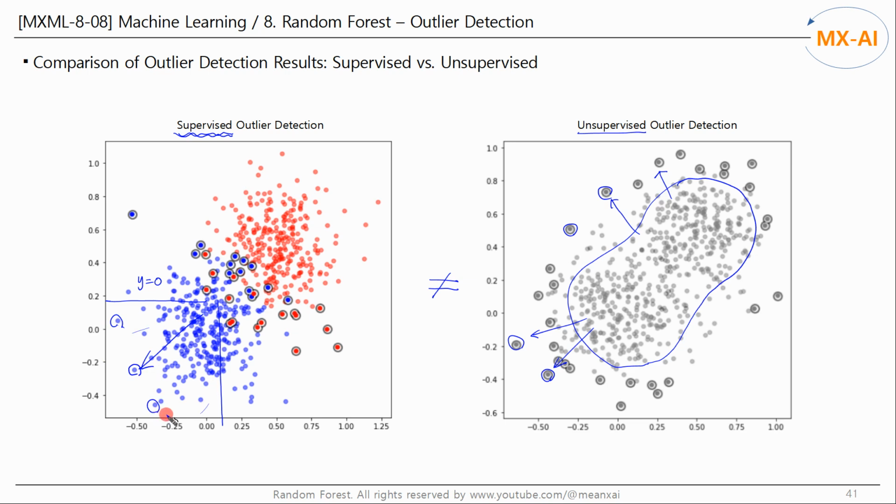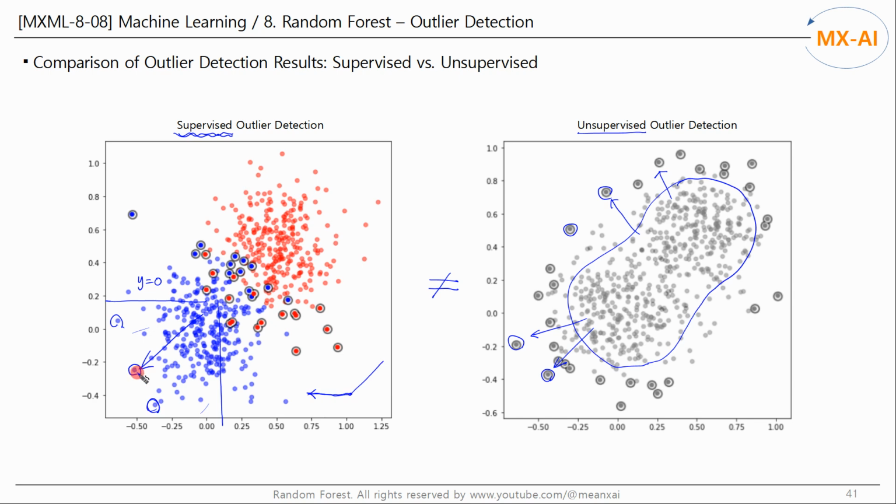Interestingly, this behavior is closely related to the philosophy behind the hinge loss. The hinge loss does not penalize samples that are correctly classified with a sufficiently large margin, no matter how far they are from the decision boundary. Random forests follow a very similar principle.